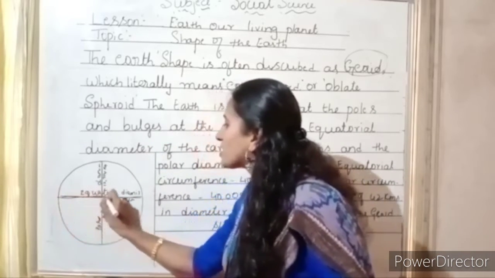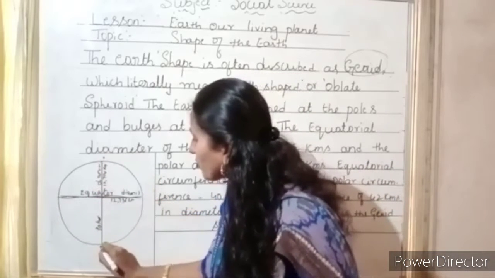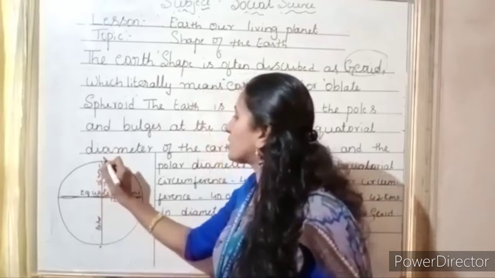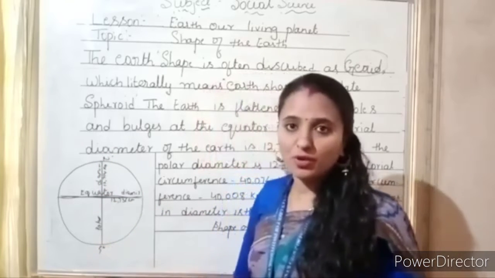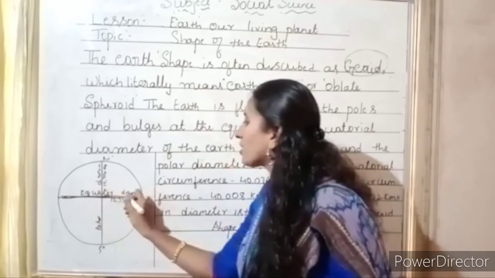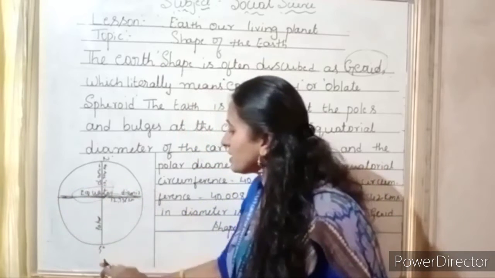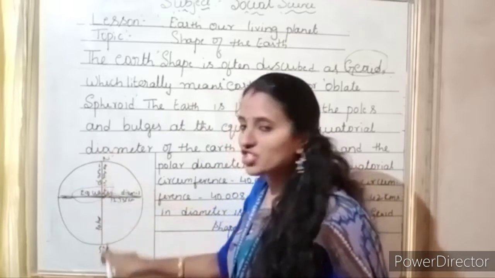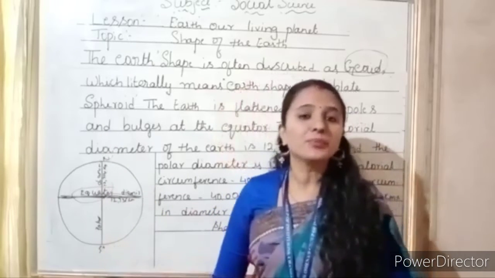The center part, which is considered the equator, and these end points that we have are the poles. This is the north pole and this is considered the south pole. Are you getting my point, children? This middle part of the Earth is considered the equator, and both the poles are at the ends.